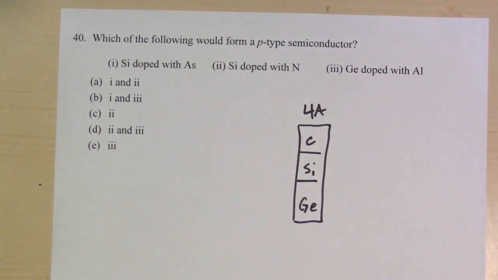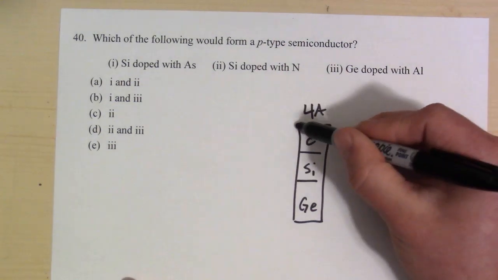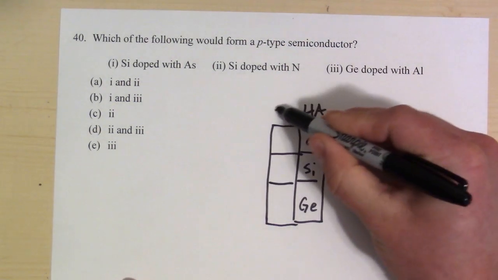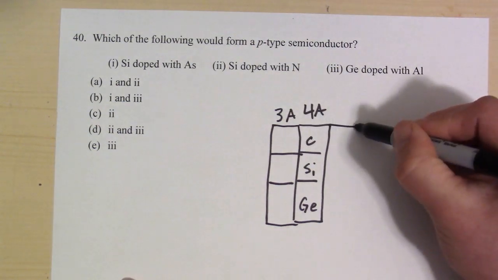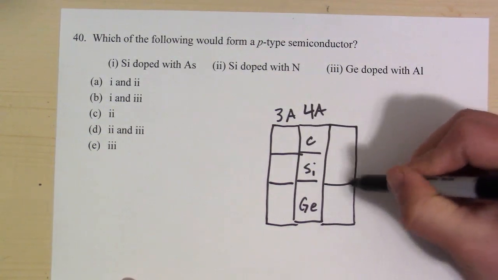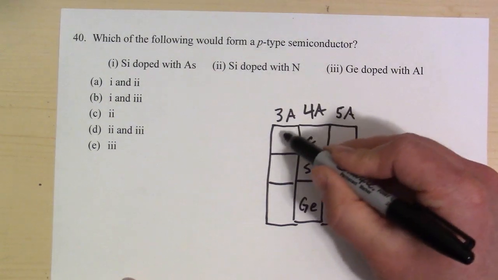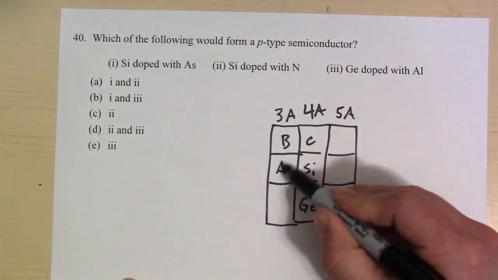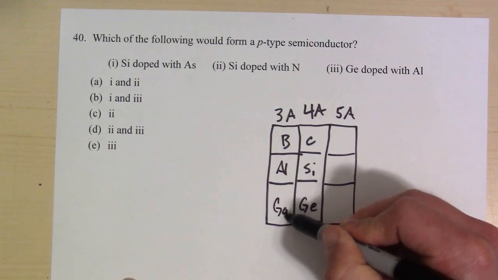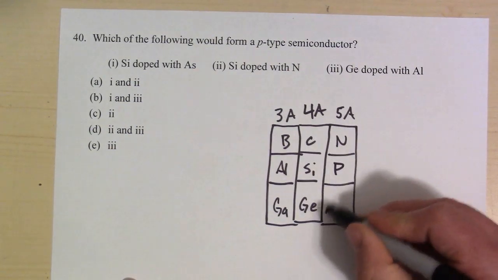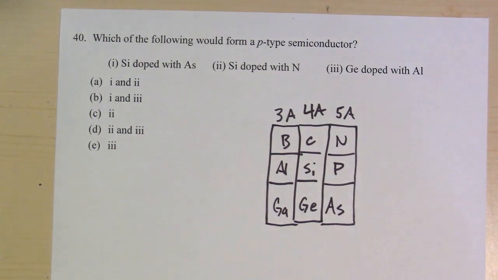Then the second component will typically be something either in the 3A or in your 5A group. So in the 3A, something like boron, aluminum, gallium, or from 5A, nitrogen, phosphorus, arsenic.